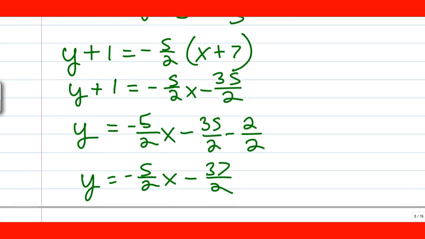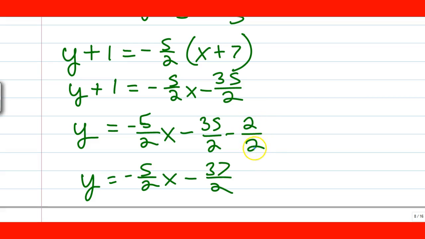Next, I'm going to move this 1 over here. I move it over by subtracting it off both sides. Well, when I subtract it over here, I would end up with a 1 over a 1. I can't combine these two quite yet without a common denominator. So a common denominator here would be a 2. So that means whatever I multiply the top by, I would multiply the bottom by. So that's how I ended up with this 2 over 2.